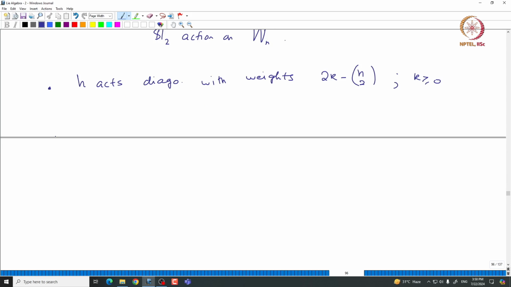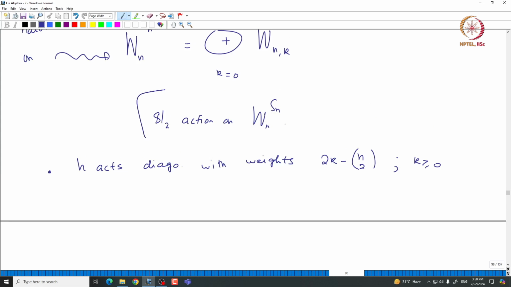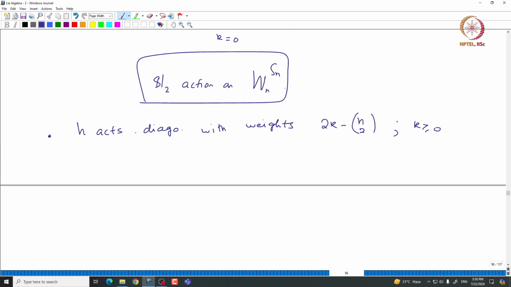What is the weight space corresponding to this weight? We are looking at the SL2 action on W_n^{S_n}. The same formula works, so you can see that H is also acting diagonally on this W_n^{S_n} with these weights. Now, what is the weight space?